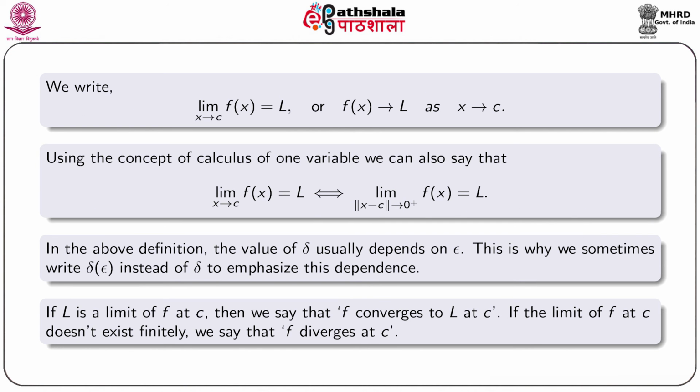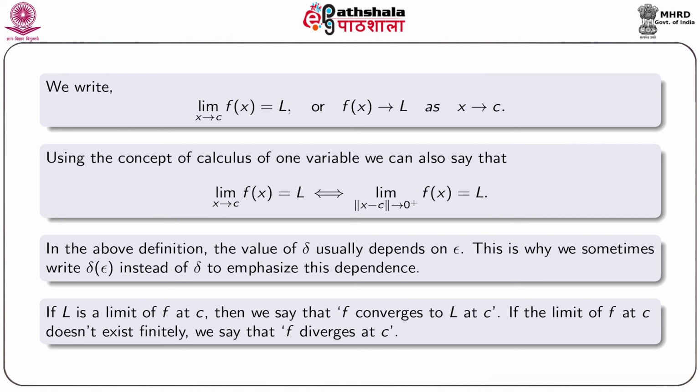In this case, we write limit of f(x) as x approaches c equals L. Now, we can interpret the definition using the calculus of one variable. We can say limit of f(x) as x approaches c equals L if and only if limit of f(x) equals L whenever norm of x minus c approaches 0 from the right.